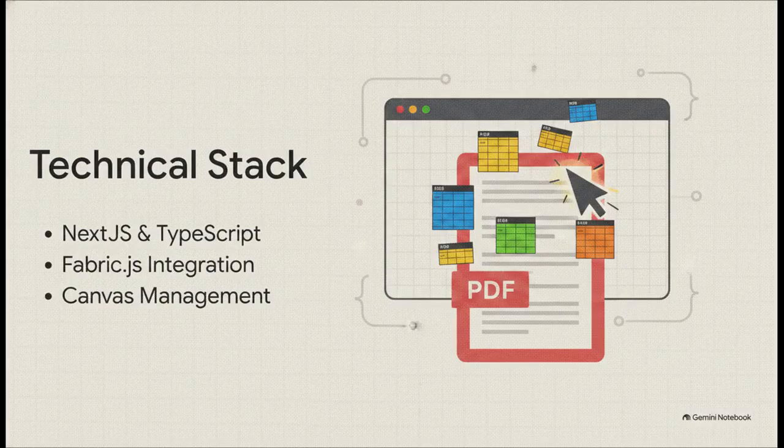Now, what's really interesting about this slide is exactly how they pulled this off using modern web tech. They built the app with Next.js and TypeScript, which, as we know, makes the whole experience incredibly fast, strict, and reliable. But the real magic happens here with the Fabric.js integration. To break that down a bit, Fabric.js is a library that essentially turns your static web browser window into a highly interactive digital canvas.